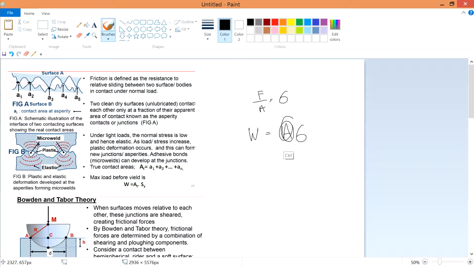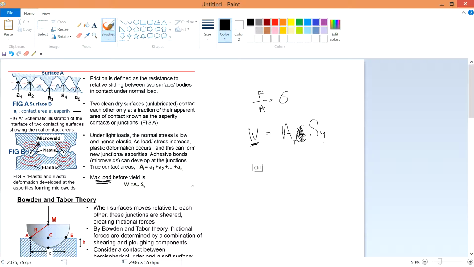The stress is the stress before yielding. Yielding means permanent deformation of your materials. Therefore, instead of stress, we can write yield stress to be more precise. This gives you the normal force, the maximum load that you can apply before yielding starts to occur.